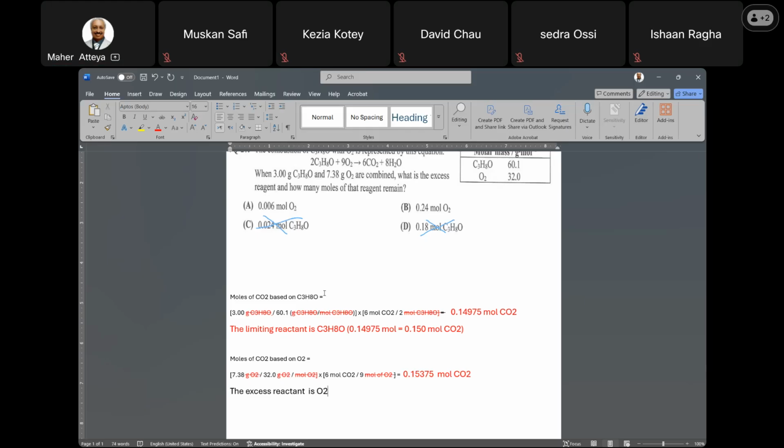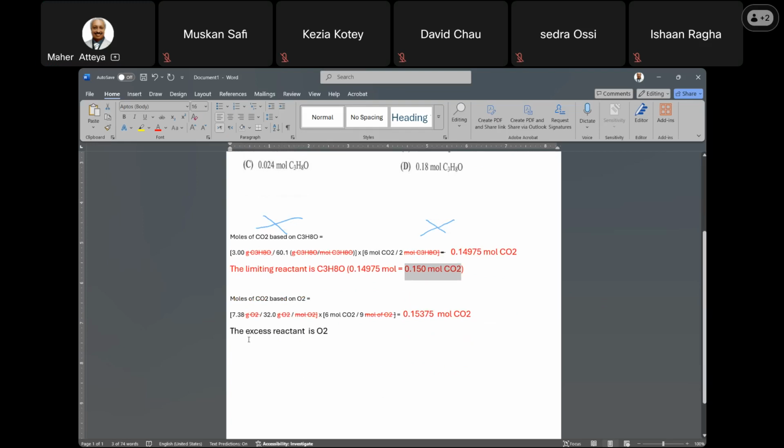We base our yield on the limiting reactant, right? So if I have these moles of CO2, being based on the limiting reactant, we now have to calculate how much is excess.